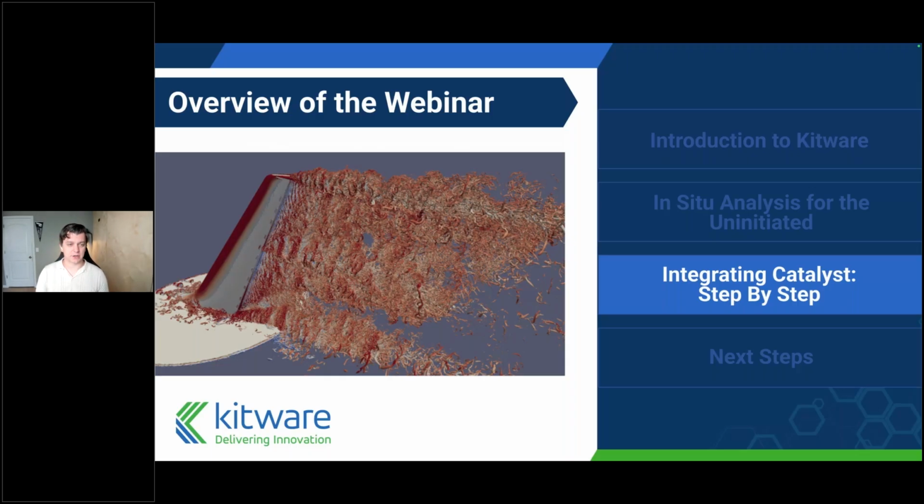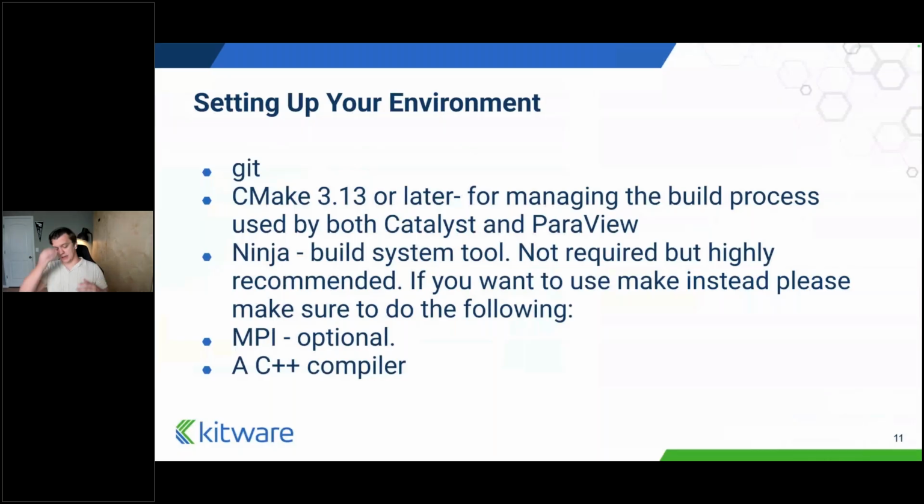All right, so to get started, we're going to need a software environment that is pretty standard at this point for this sort of simulation computing. If you have access to Git, I assume you might. CMake is our preferred build platform for both Catalyst and ParaView, as well as many simulation codes out in the wild. Here at Kitware, we really like the Ninja build system, but if you are a fan of Make, please be our guest to use that.